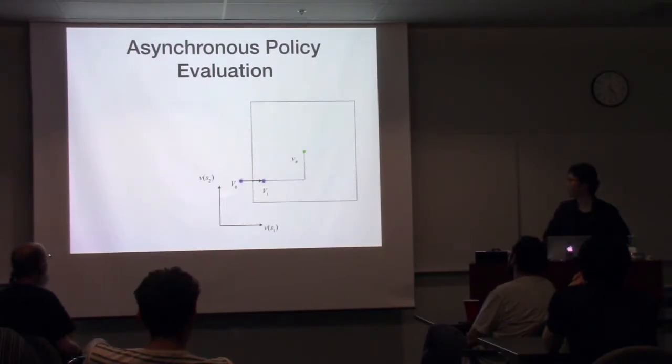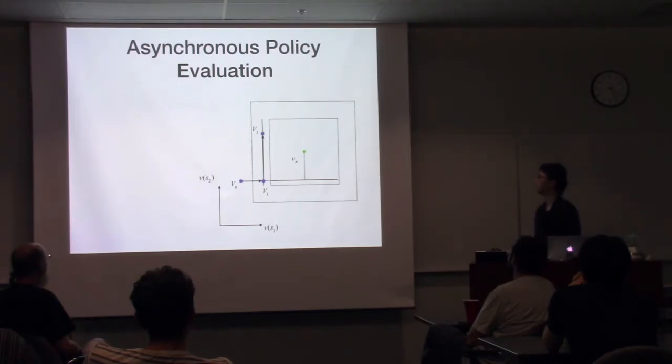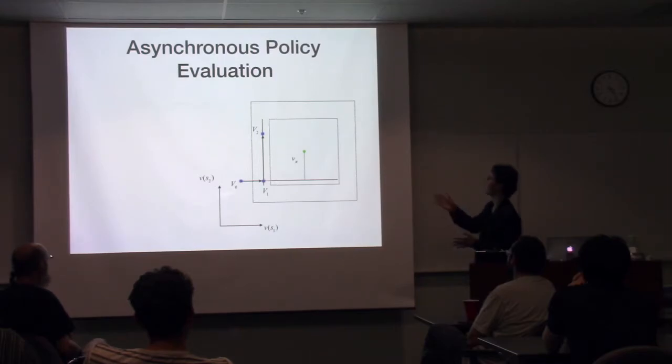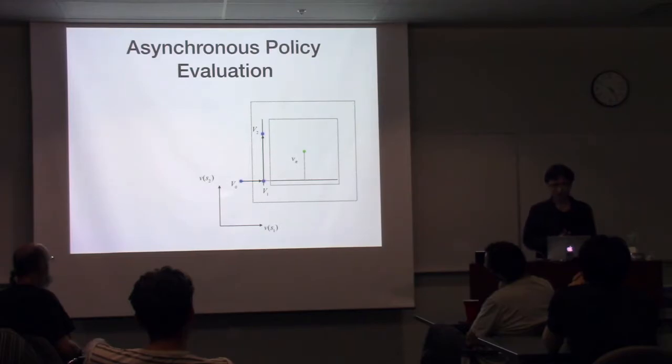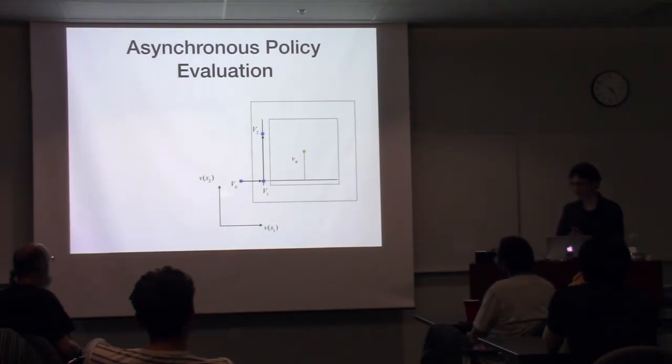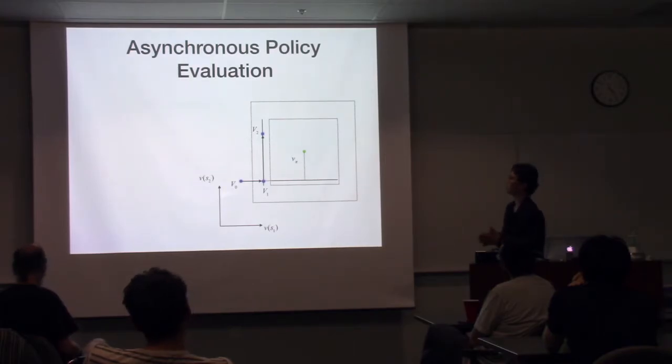And basically, you do the same thing. You calculate the distance, you draw the square, and you do the same thing again, and you can obtain this v2. It's very interesting to look at this diagram when we think about the requirement of asynchronous policy evaluation. In asynchronous policy evaluation, it requires that every state's value is updated infinitely many times.